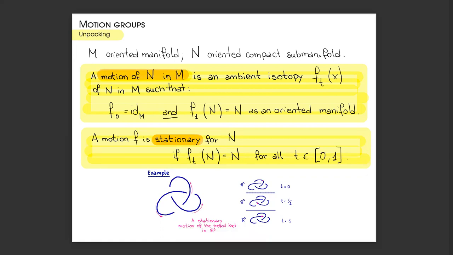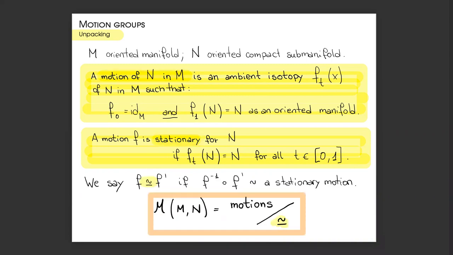Yes. Okay. So we say that a motion is stationary for N if f_t(N) is always N for all time. So for example, we have here a trefoil, let's imagine it in R^3, and if we just slide it along itself, then you have there the little movie with the pink dot that moves around, and we see that N is staying at its place for the whole motion, but it's actually moving.